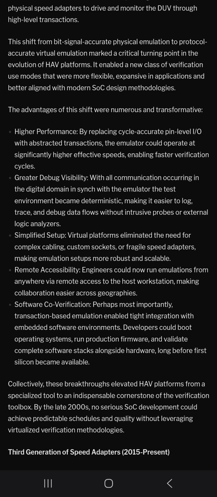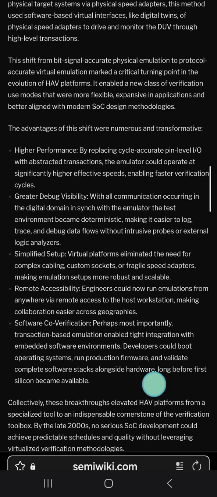Software co-verification, perhaps most importantly. Transaction-based emulation enabled tight integration with embedded software development. Developers could boot operating systems, run production firmware, and validate the complete software stack alongside hardware long before first silicon became available.